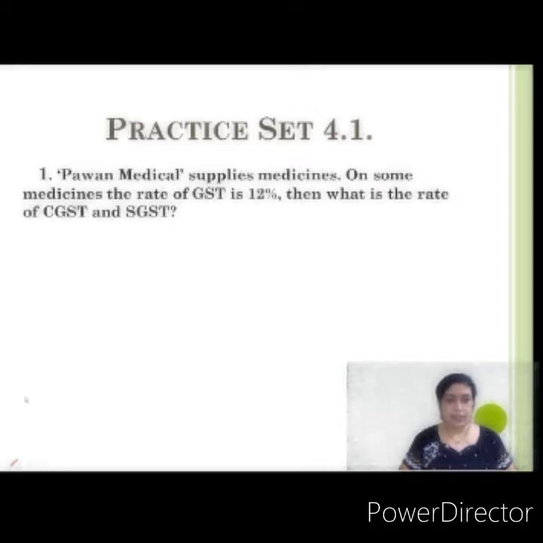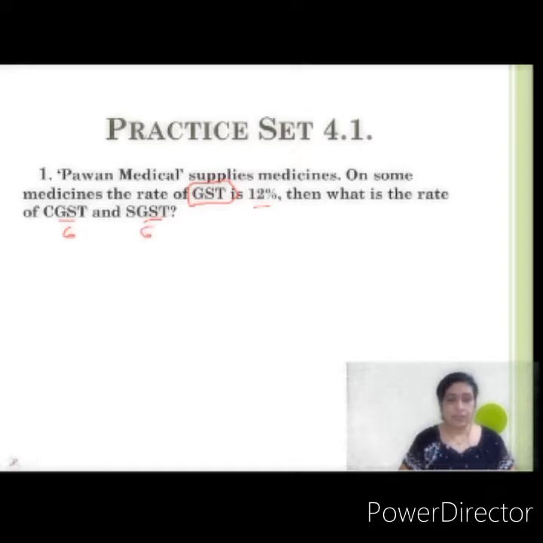See, what is given to us? The rate of GST. Now you all have seen what GST is. GST is nothing but CGST plus SGST. So together it is 12%. So what will be CGST? Of course it will be 6%, and SGST will also be 6%, right.